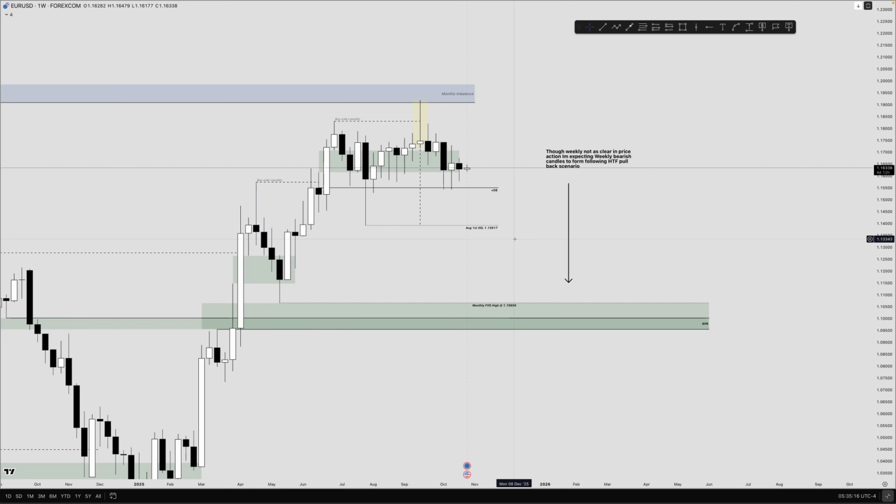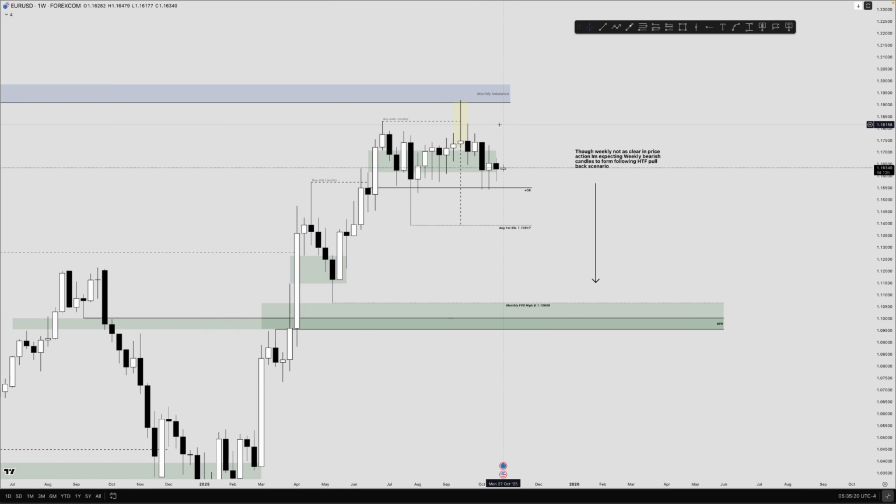Here's zoomed in on the weekly. Don't worry if any of this confuses you, I'm about to go through this and explain it now. We had our weekly bullish leg here, after rejecting this bullish imbalance. Price muddled around here, especially during those summer months, creating this consolidation between this fair value gap and order block. Price is still yet to break through that cleanly.